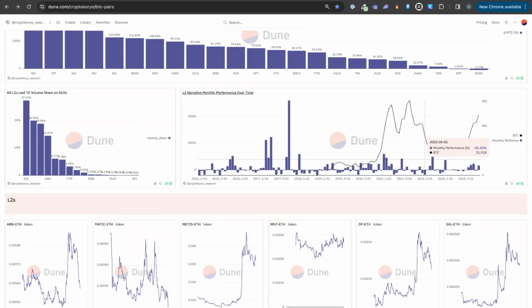Then maybe it's a good buying opportunity. For example, here on L1 it's down minus 35%, here minus 33, minus 38, etc. So if at some point you have minus 30-something percent down on L1s, maybe it's a good buying opportunity. Of course, you have to pay attention to consecutive months, but just things to consider.